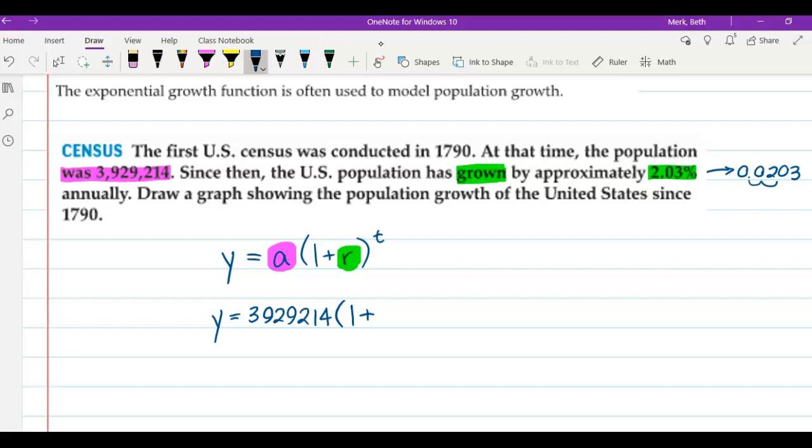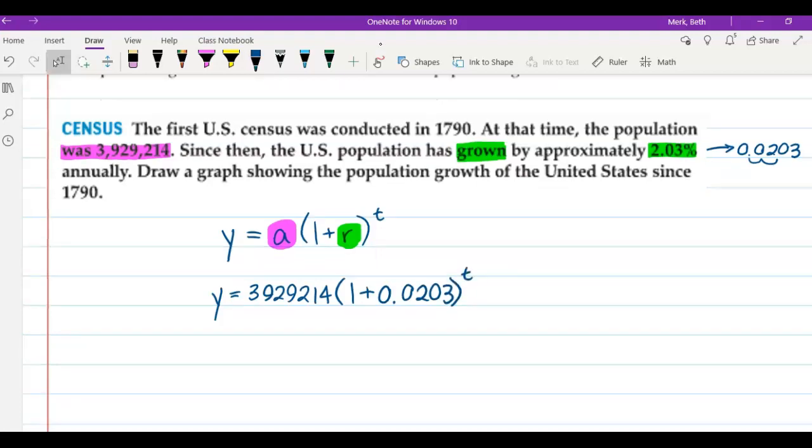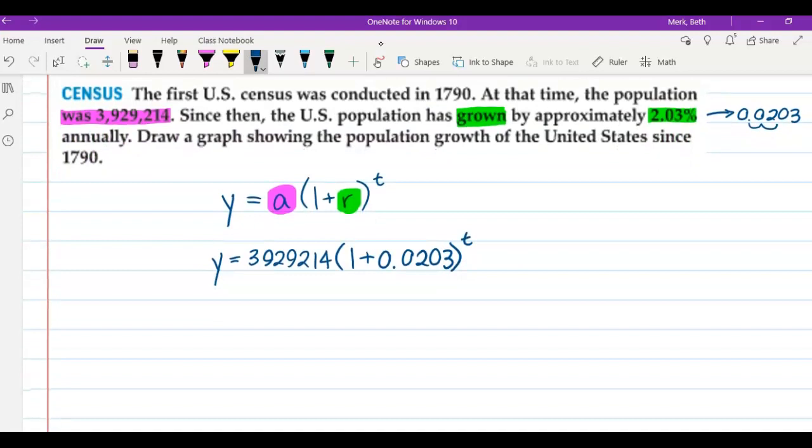Because you move your decimal 2 places to the left to convert it. 0.0203 to the t. And the only thing left that we could do to tidy this up, we can simplify our parentheses a bit and call this 1.0203. Takes out that plus sign because 1 plus this decimal is 1.0203.